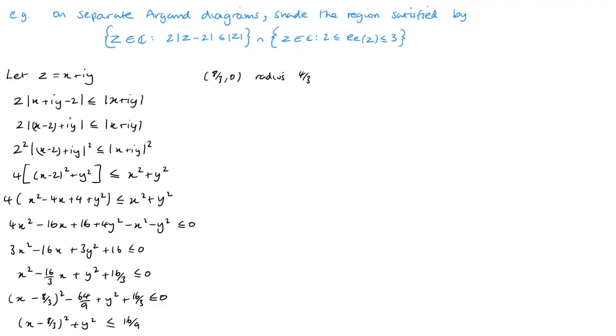Okay, so we've got that down. Now, real z being between 3 and 2 describes the region between x = 3 and x = 2, so x = 2 and x = 3.